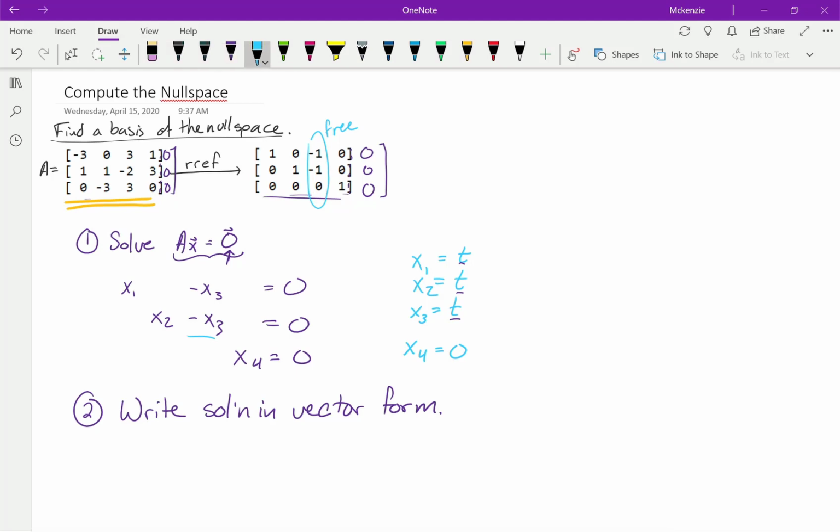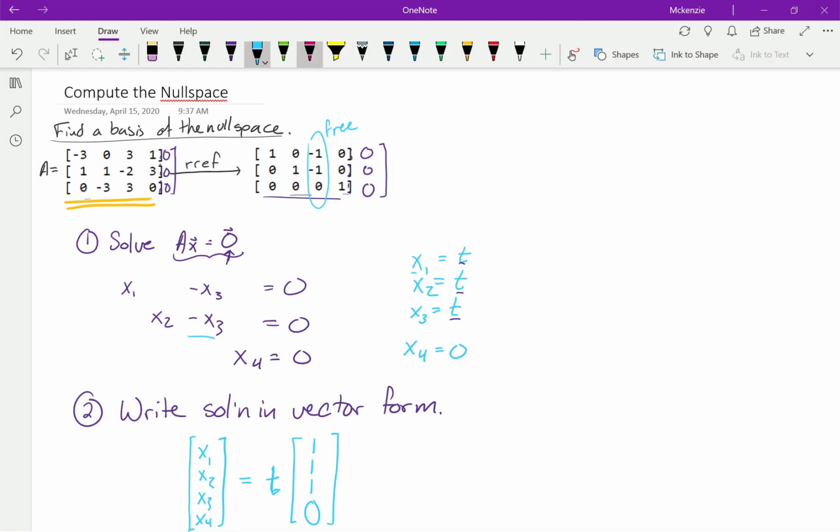So our parametric form, or vector form, which some of you noticed on the practice exam, is equal to t times a vector. x1, x2, x3 each have one occurrence of t, so we'll put a 1 in each of those spots. x4 has 0 occurrences of t, so we'll put a 0 there.